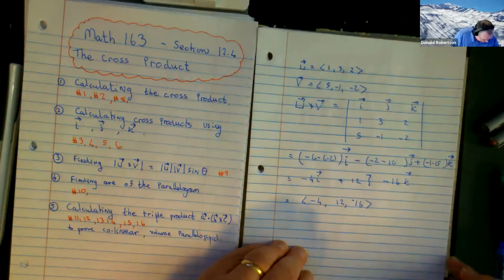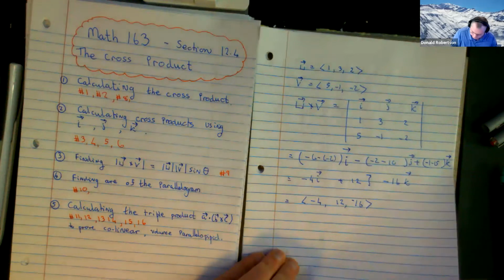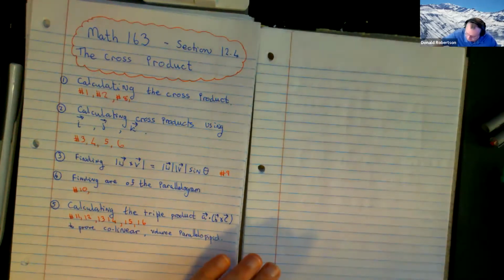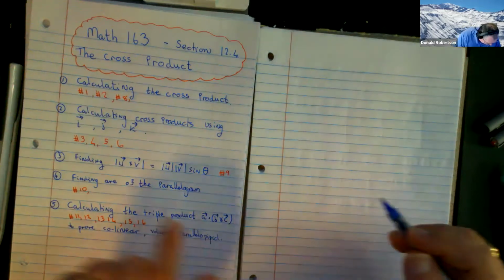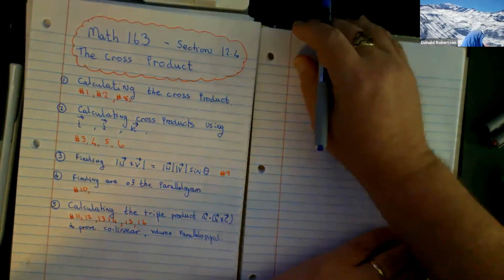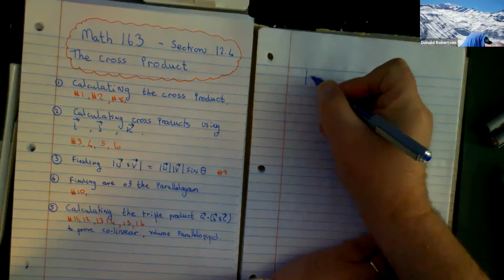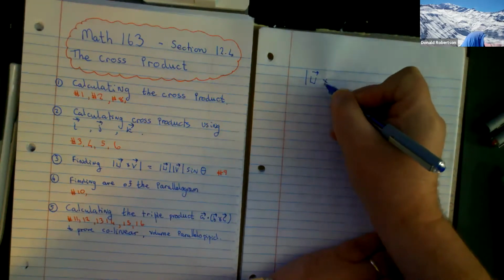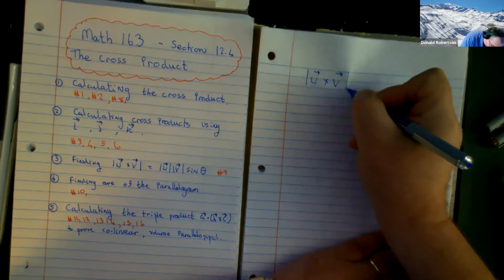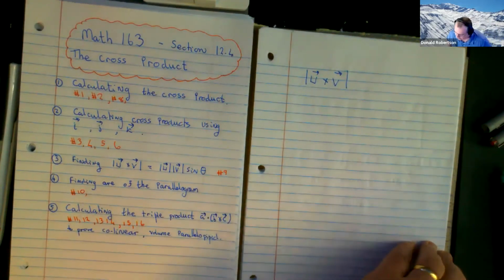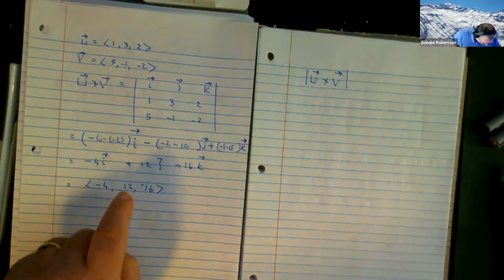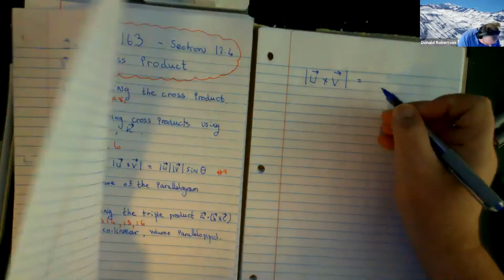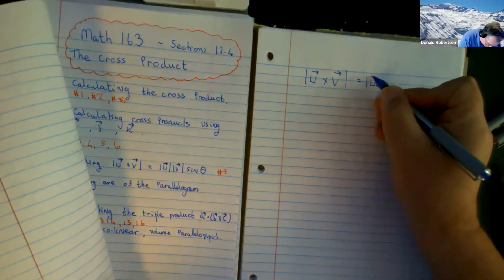Now, that's basically what 1, 2, and 8 do, they just get you to calculate it with no particular reason. We'll come back to 2 later. And there's only one example of this particular thing, but if you calculate the magnitude of the cross product, so I'm going to use this one here, it's also equal to this.